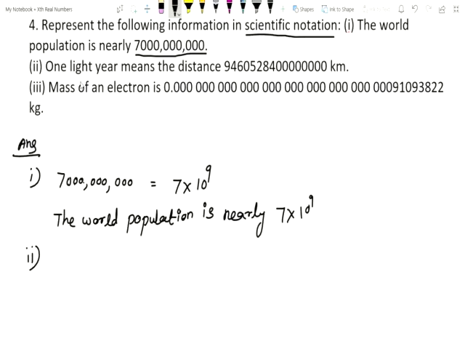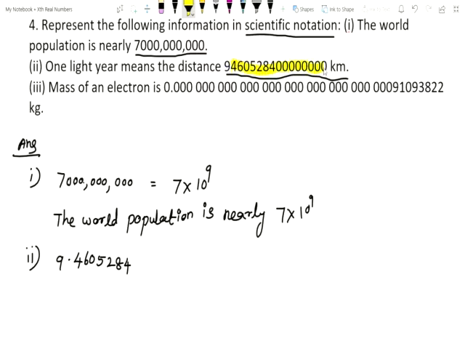Next one. 1 light year means the distance. This one we are going to convert into scientific notation. First you write 9.4605284. After the 9, how many digits are there? Just count.